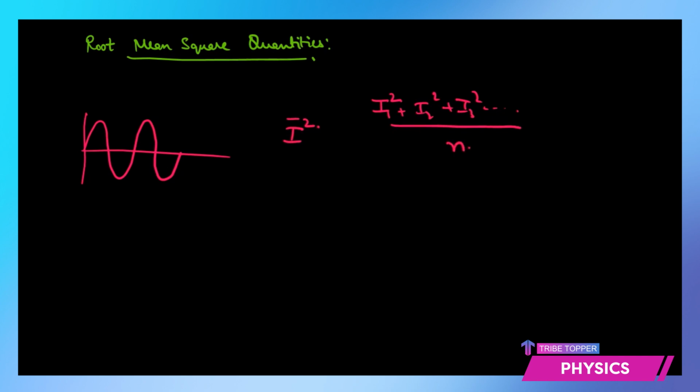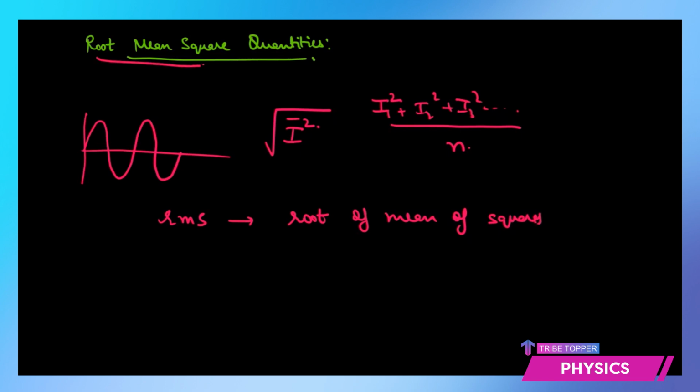That's the mean square. If you take the root of that, that gives you the root mean square value. We call it the R.M.S value, meaning the root of the mean of the squares. In short, we say root mean square.